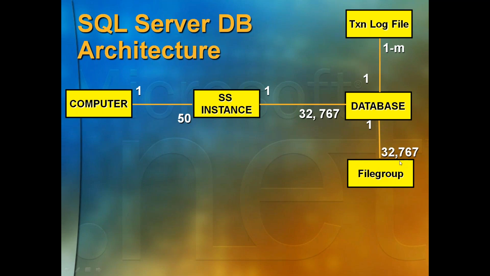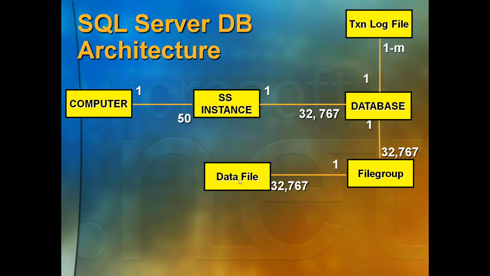When you create a database, by default one file group will be there, and one transaction log file is also there, but many more file groups can be created. Now, what is a file group? A file group is going to contain data files. One file group will have many data files.